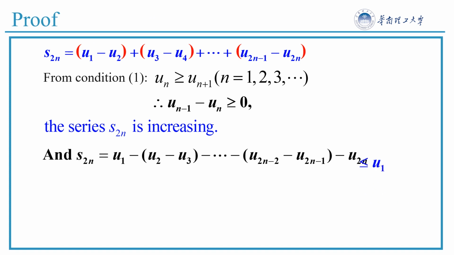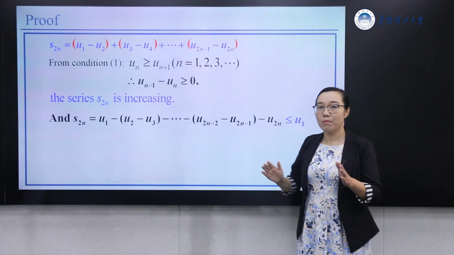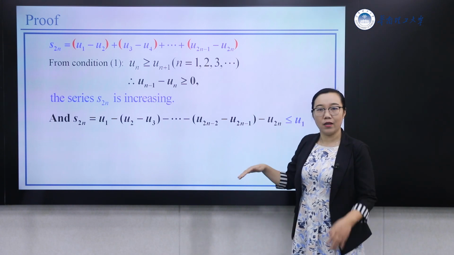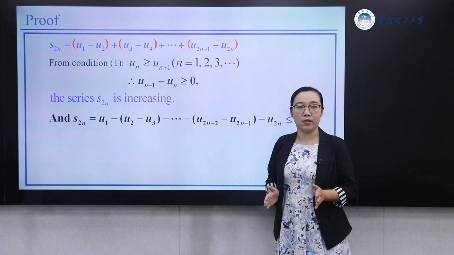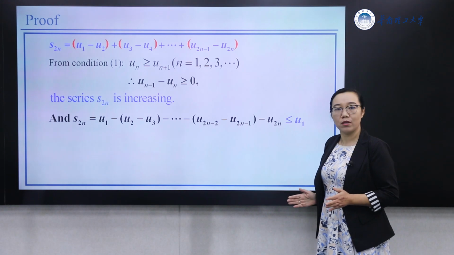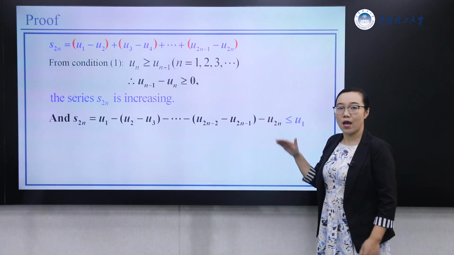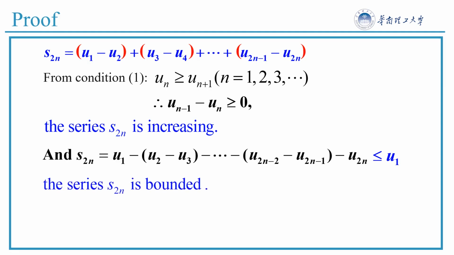Also S2n equals U1 minus bracket U2 minus U3 minus up to bracket U2n minus 2 minus U2n minus 1 minus U2n. The sequence S2n is less than U1. Then the sequence S2n is bounded.